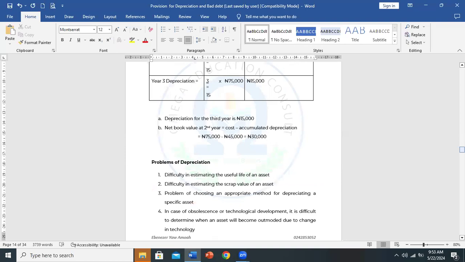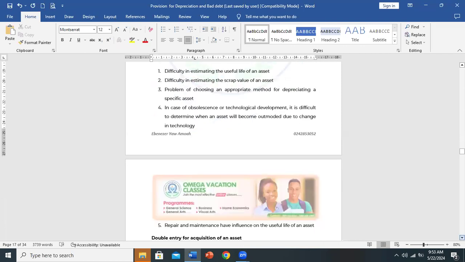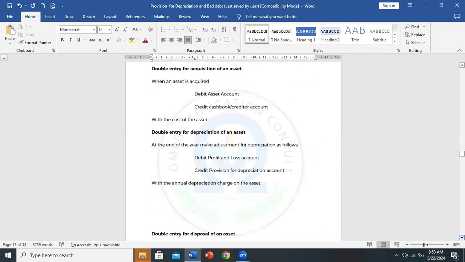Any question on the methods? Straight line, reducing balance, sum of years. Now we are gradually getting to where I'm sure most of the students run away when you begin to prepare the T account for depreciation and all that.